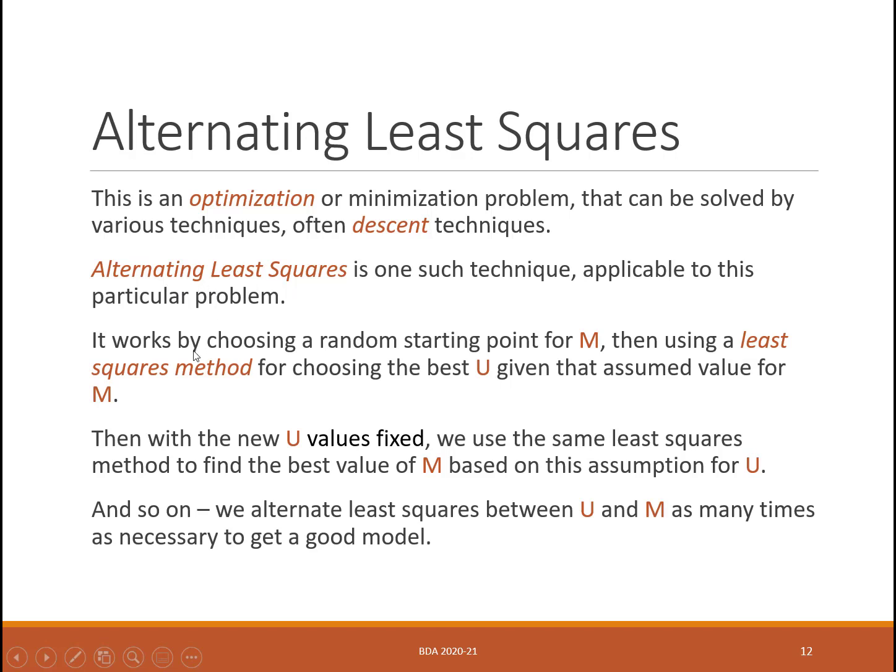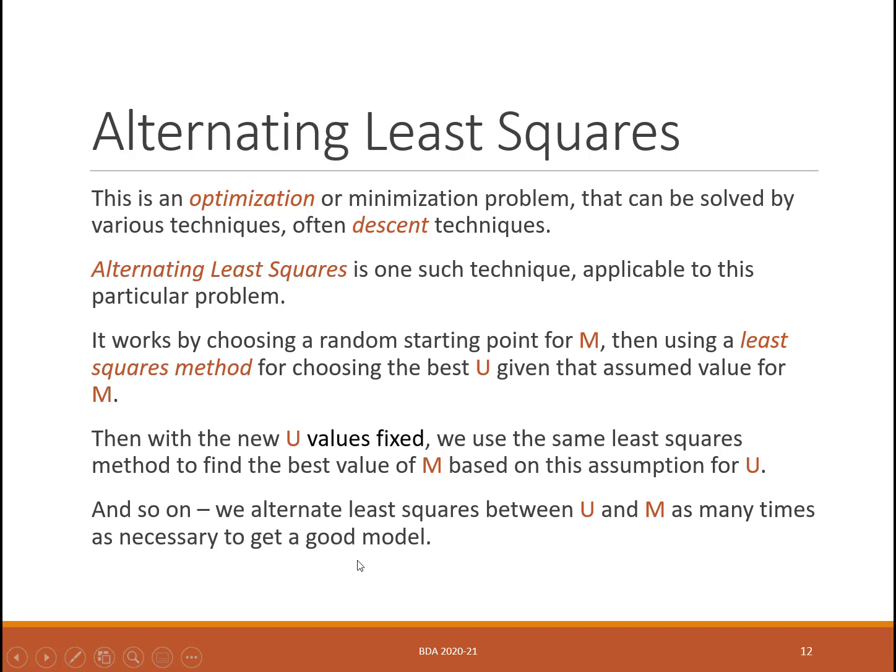Since both M and U matrices are unknown, ALS chooses a random starting point for M and finds the best U based on the random values for M. Then, with the new values for U, the algorithm finds the best new values for M. We iterate these two steps until convergence.